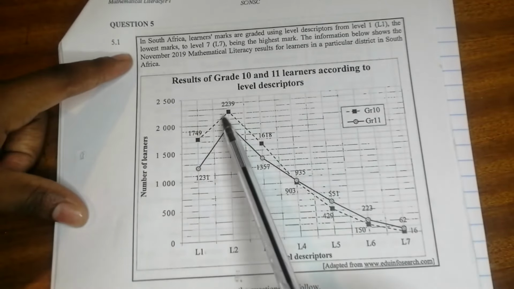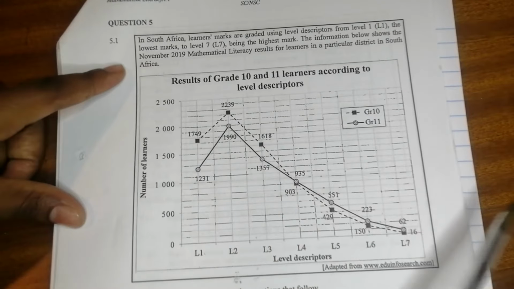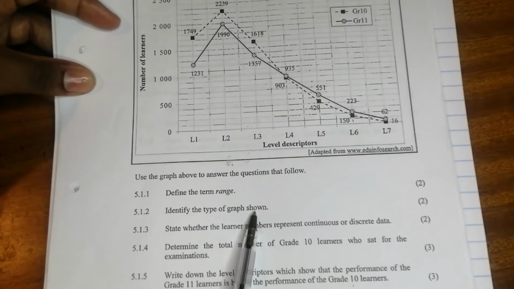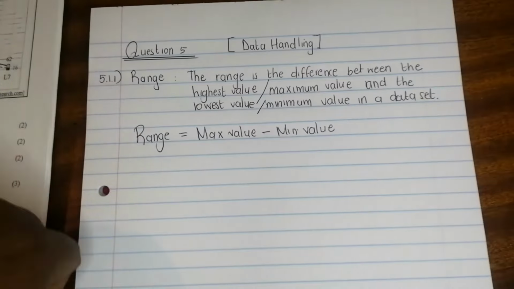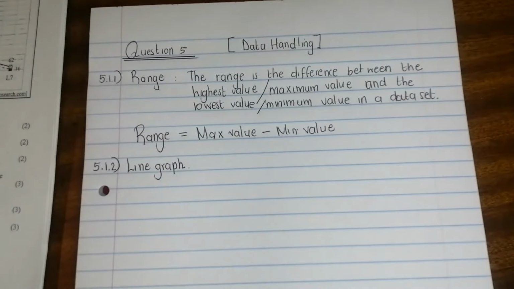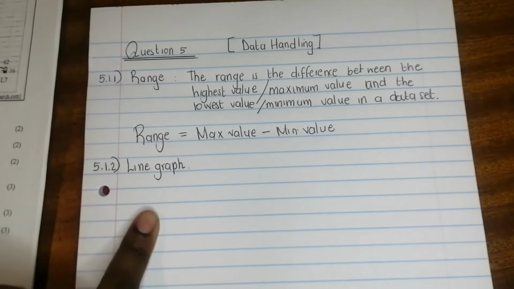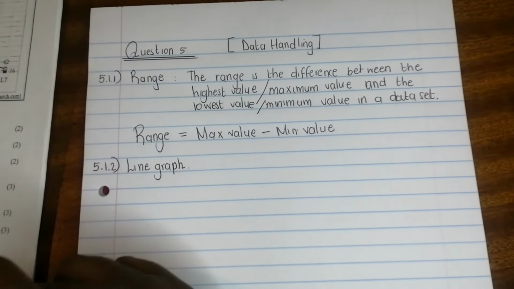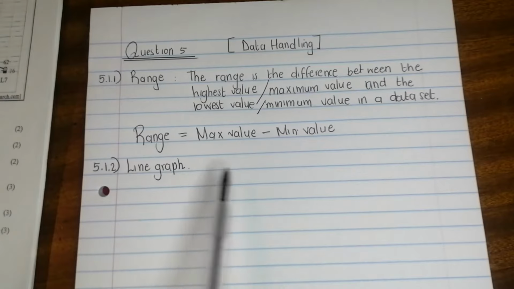So they're using two line graphs to compare these values. The type of graph shown here is a line graph. Another option that they've also given here, you can also say that it's a broken line graph. So it's a line graph, guys.